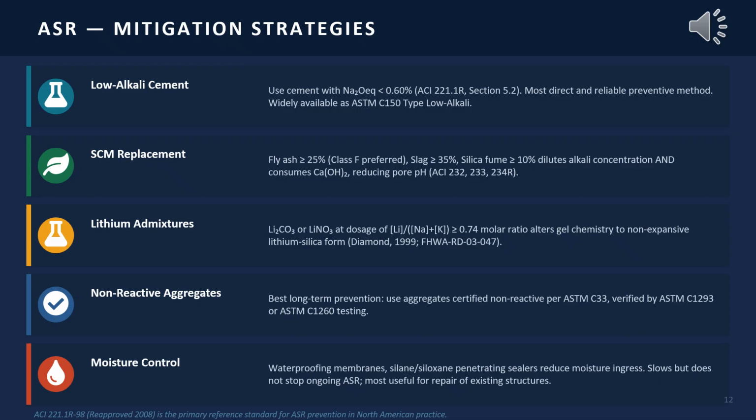The second and most widely used strategy is supplementary cementitious material replacement. Class F fly ash at 25% replacement or more, ground granulated blast furnace slag at 35% or more, or silica fume at 10% or more, all effectively suppress alkali silica reaction.